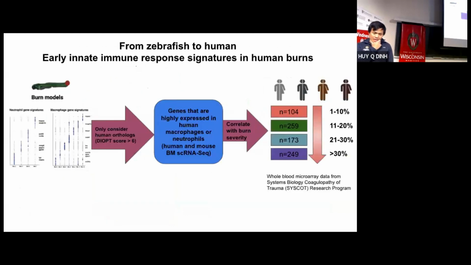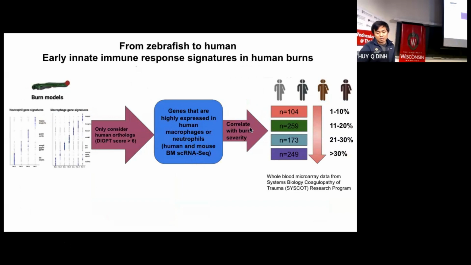So the next question we ask is, can we infer from zebrafish to humans? We took the zebrafish genes and only considered the ones that have human orthologs, using a fairly conservative conservation score. We only looked at genes expressed in human macrophages or neutrophils using single cell RNA-seq.